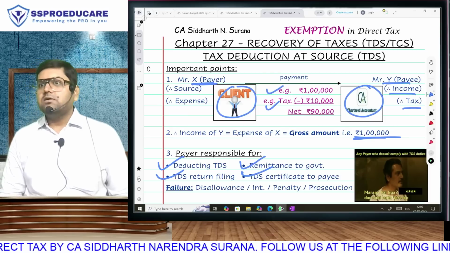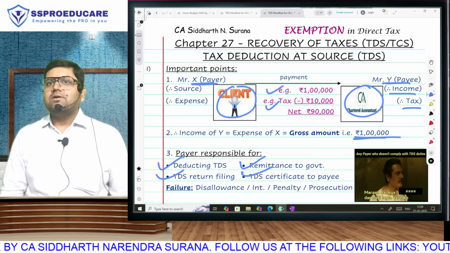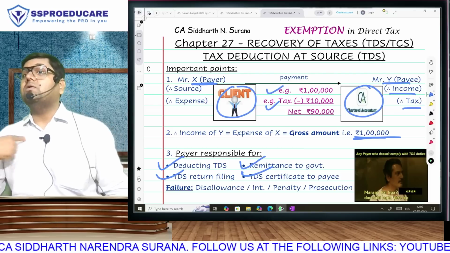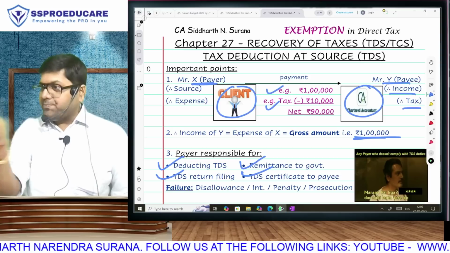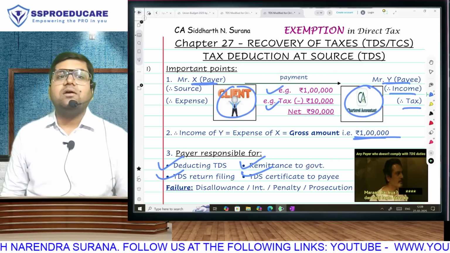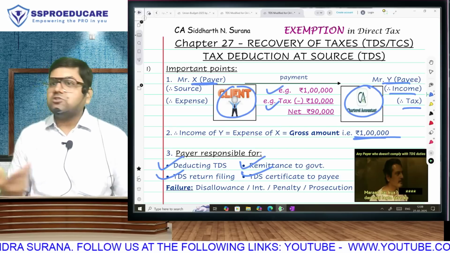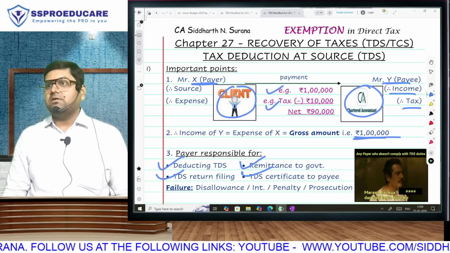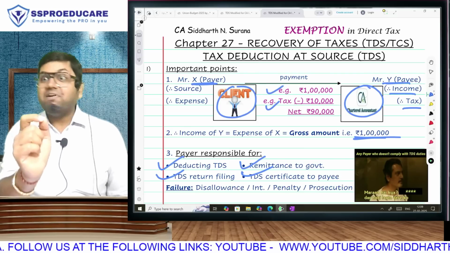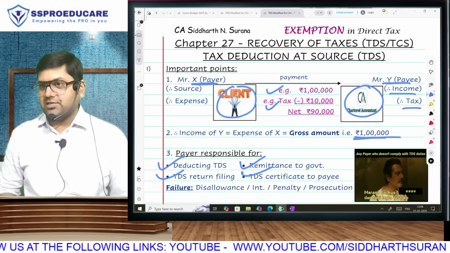I pay my own income tax return fees once in a year. But for you people, for my payees, I have to pay TDS return fees 4 times in a year because it is quarterly. Then certificates also I have to print out and courier and all that. So it is increasing my work as well as my expense, the overhead cost of running my business, because government's TDS duty the payer has to do.